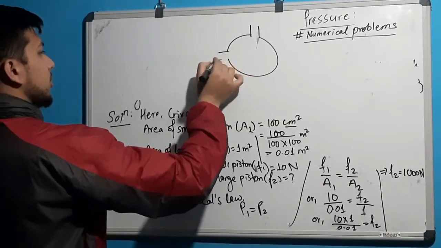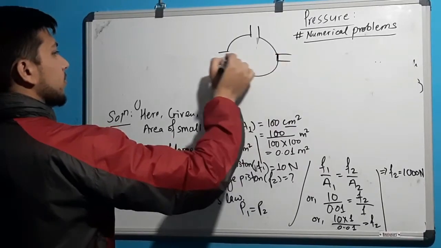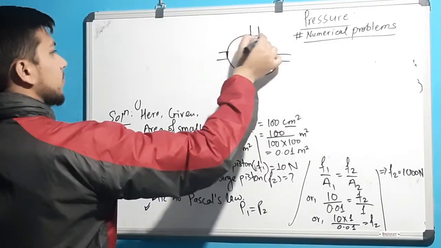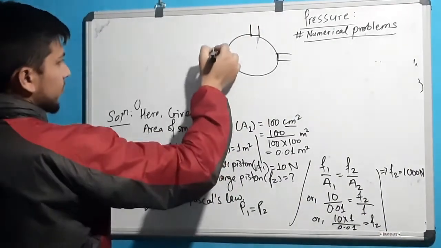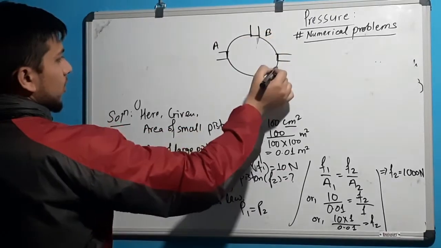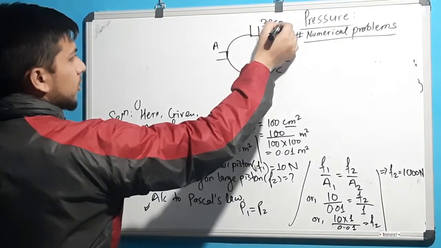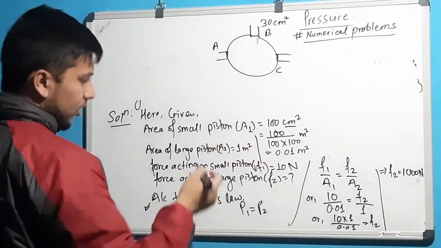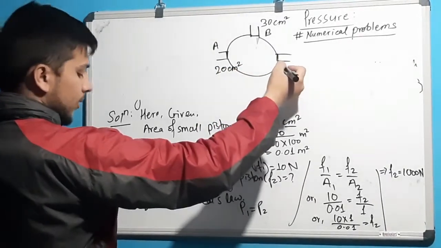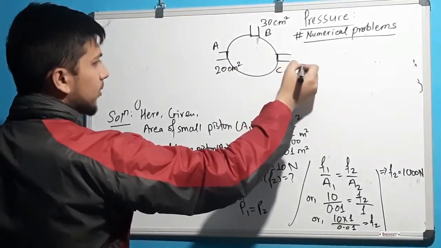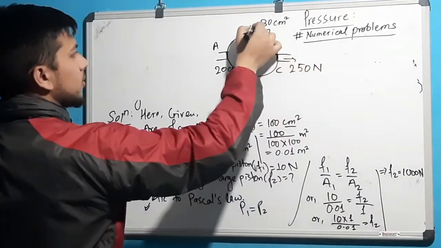Here are 3 pistons. This is piston A, B, and C. One has 30 centimeter square, and one has 20 centimeter square of area. C has 250 Newton force.